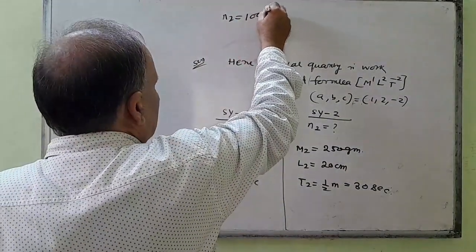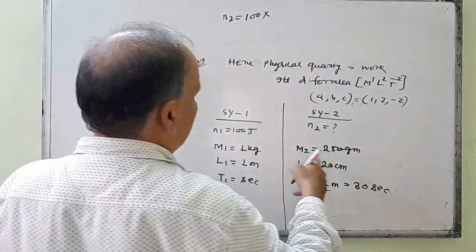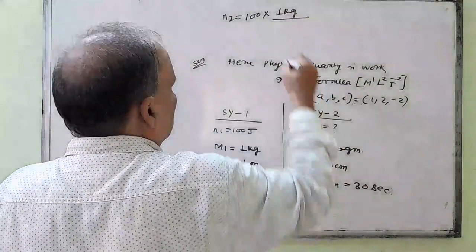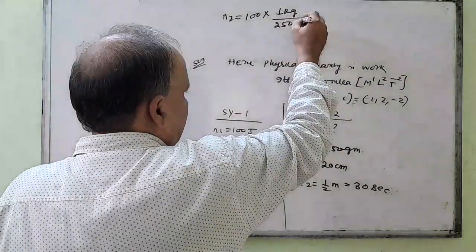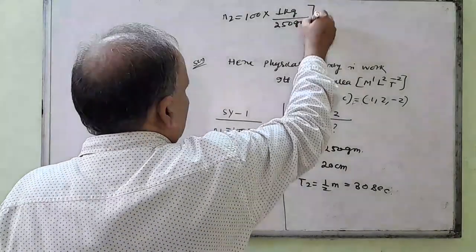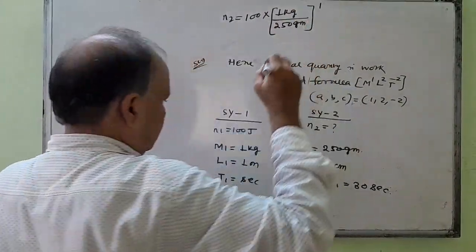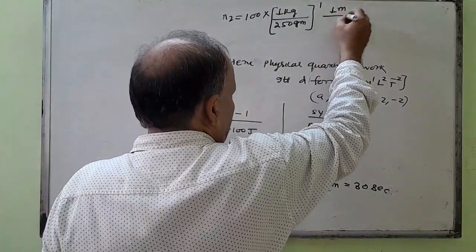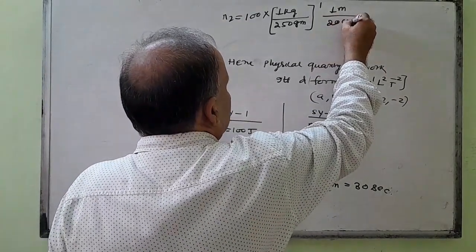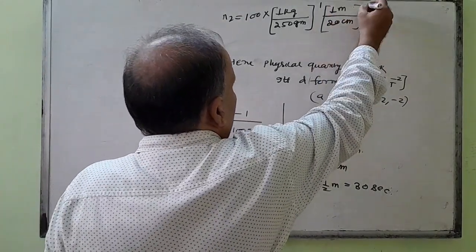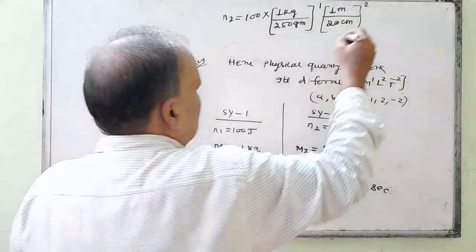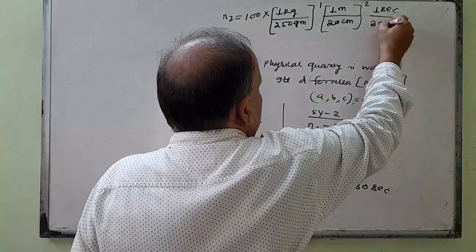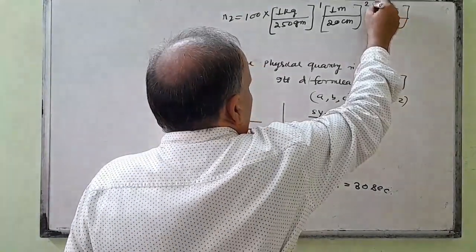N1 means 100 into M1 by M2. M1 means 1 kg by M2, 250 gram, whole to the power 1. Your L1 is 1 meter by 20 centimeter, whole to the power 2. Your 1 second by 30 second, whole to the power what?